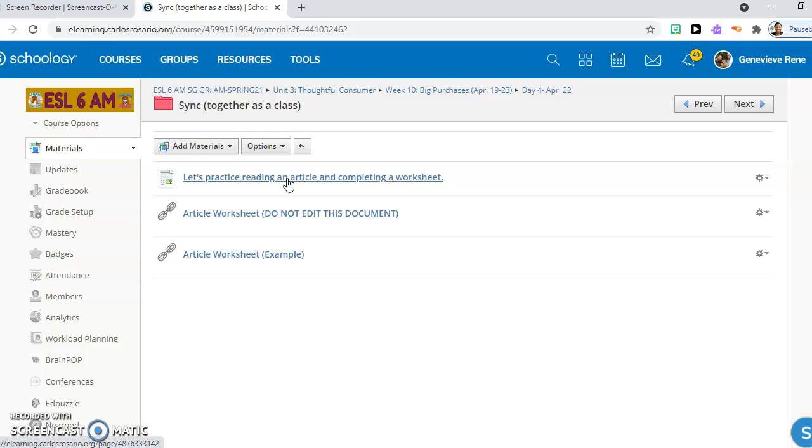Now, what we're going to do, we are going to get information, get some evidence from the article that could help us. All right. So that's what we're going to do. So make sure you have paper and pen or notebook and pen or pencil to do this activity.